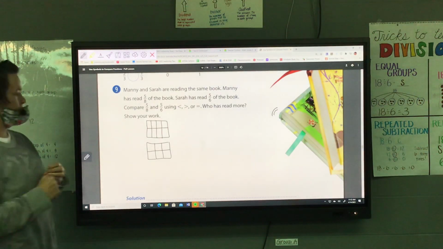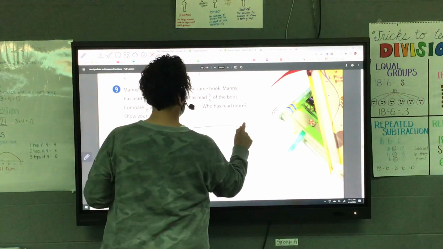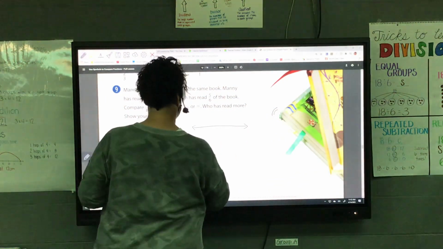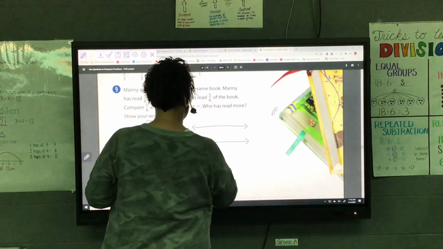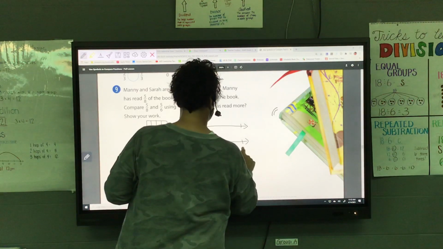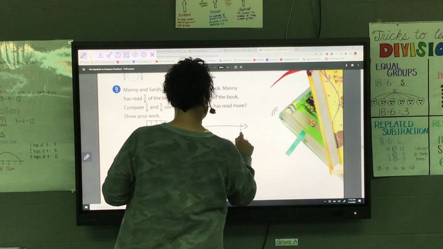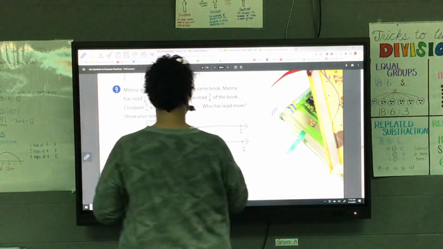If you're doing a number line, that's fine too. But your number lines need to be labeled very carefully.